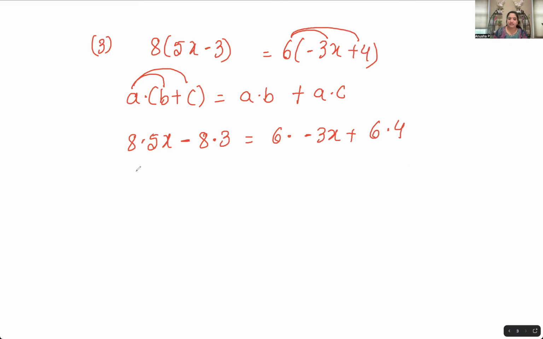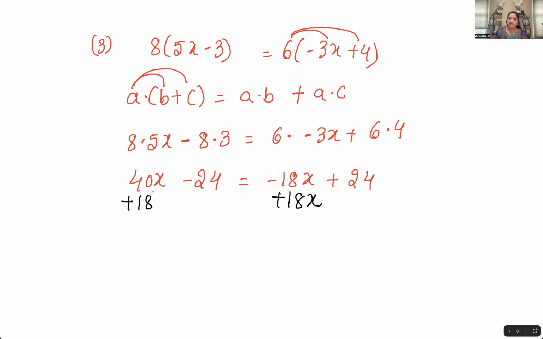8 times 5x is 40x minus 24 equal to minus 18x plus 24. Okay. We don't want minus 18x. The reverse operation for minus 18x is plus 18x on both the sides.